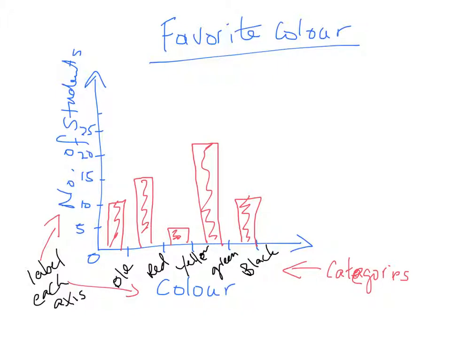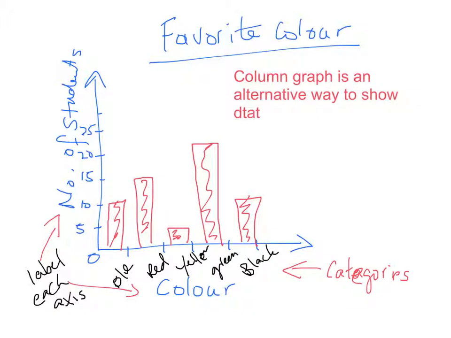And the notes for the column graph is: a column graph is an alternative way to show data in different categories.